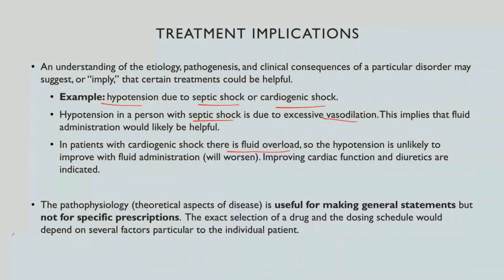So in the case of septic shock, maybe fluid administration will be helpful, plus the antibiotics, of course. But if the patient is in shock because of fluid overload, we are not going to give them fluids. That will worsen the condition. We have to improve the cardiac function, giving diuretics to remove the fluid. That's the importance of knowing very well what is the pathogenesis.